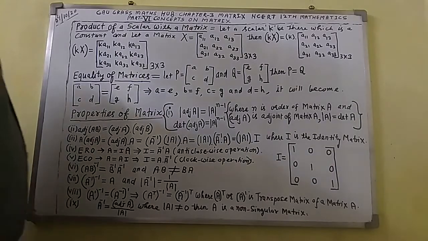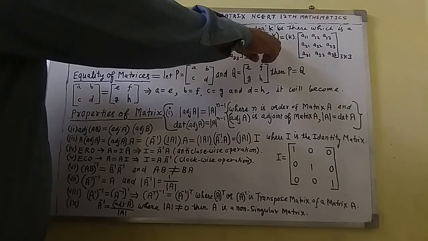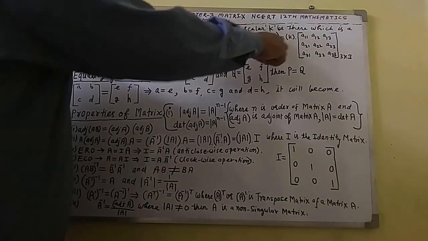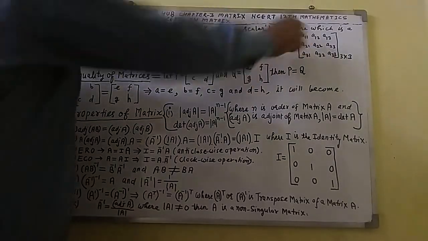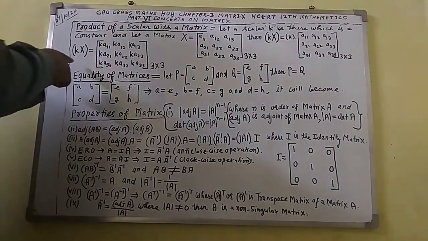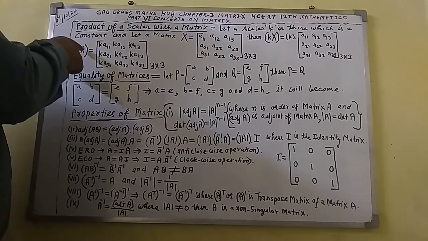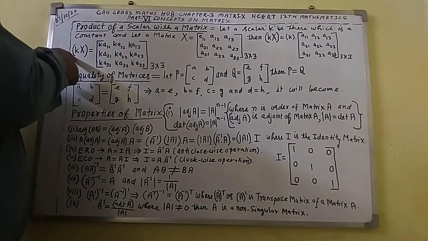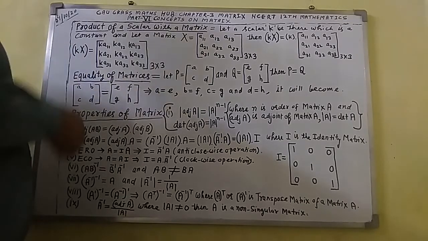When you multiply a scalar small k to the matrix capital X, k will be written in brackets and multiplied to matrix capital X. Here you can see k is multiplied to X. Here k is a scalar constant, capital X is a matrix.